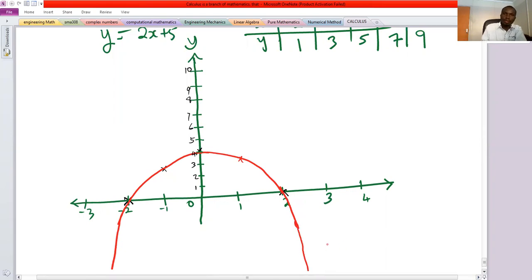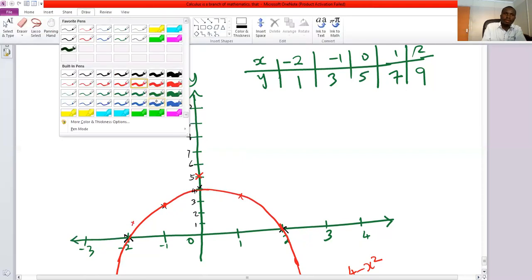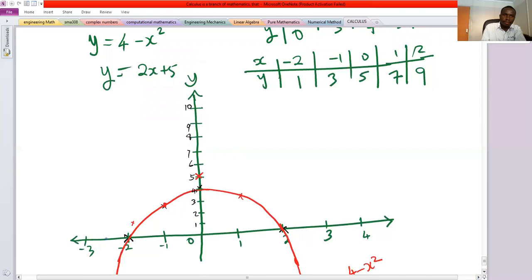And then, so this is a graph y equals 4 minus x squared. And then the point is -1, 3. So this is the point of tangency. And 0, 5. And then we have this one here, -2, 1. So the equation of the tangent.